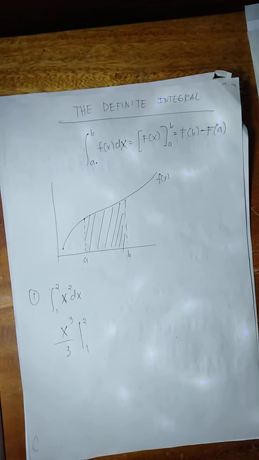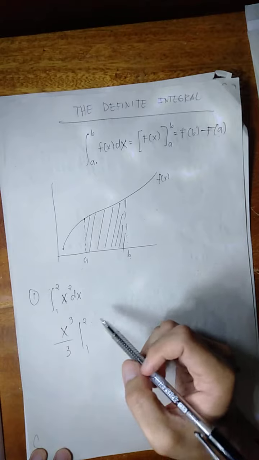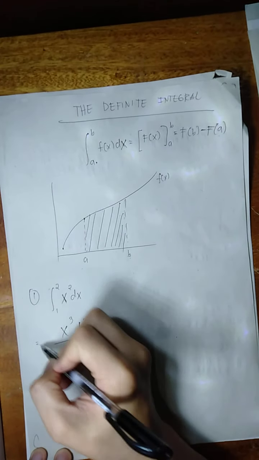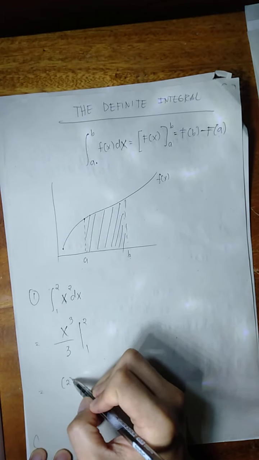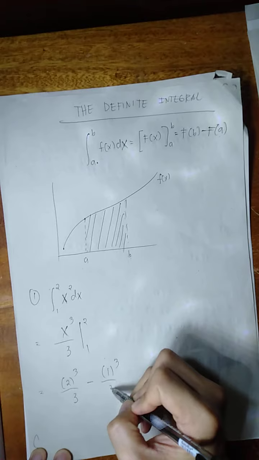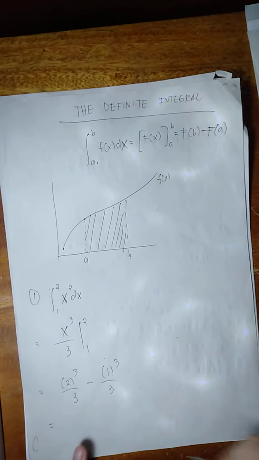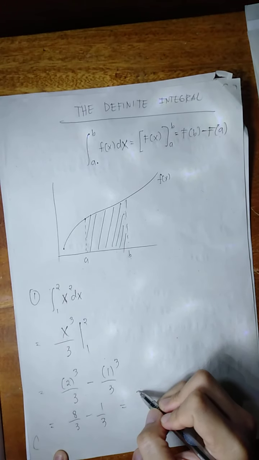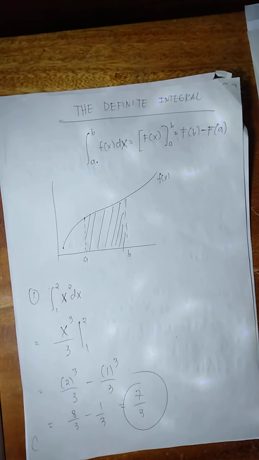Lastly, substitute mo lang yung value, upper limit minus the lower limit. So it becomes 2 cubed over 3 minus 1 cubed over 3, which is 8 over 3 minus 1 over 3. So your answer is 7 over 3. That is your area under the curve of this function.